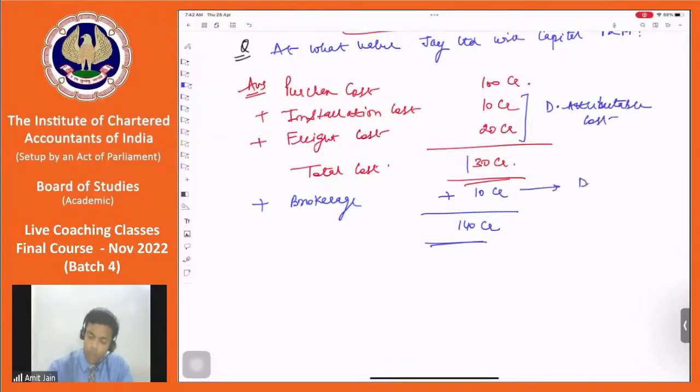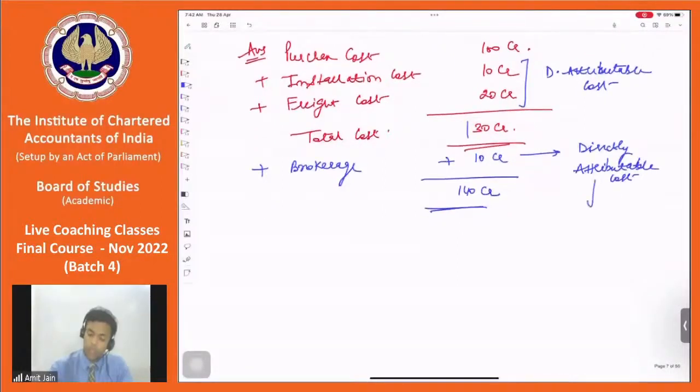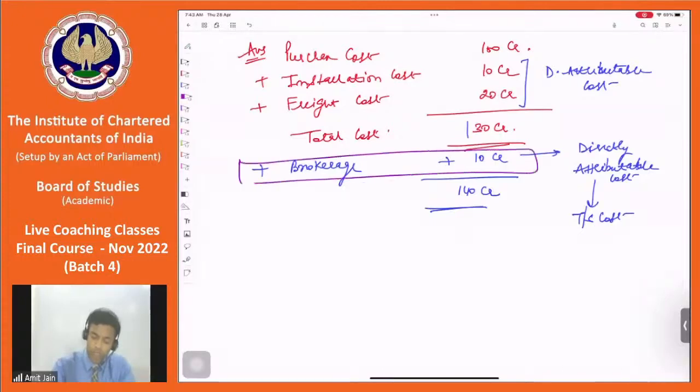This cost is also directly attributable cost. What is directly attributable? Nothing but a transaction cost. In the PPE, you are giving me an answer that this brokerage cost will get capitalized, this installation cost will get capitalized, and this freight cost will get capitalized.